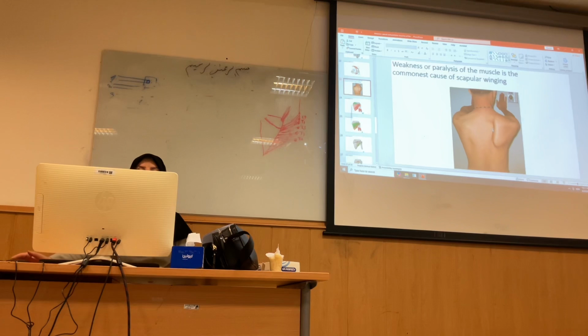We call it winging of scapula or scapula alata. Why does the winging of the scapula appear? Because of paralysis of the serratus anterior muscle. The serratus anterior is a different muscle.